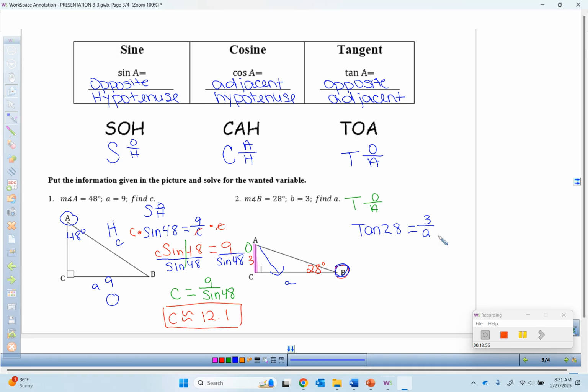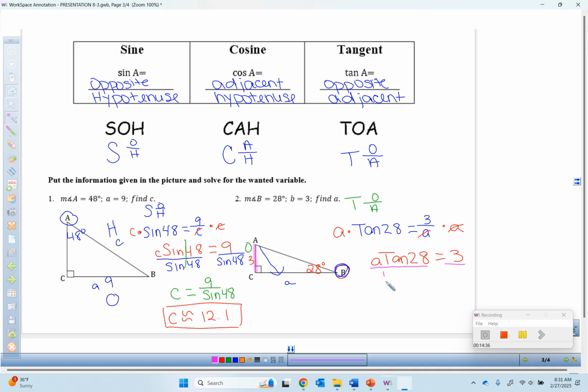So now the cool thing with this is, yeah, I think this one's set up kind of the same way. So how would I solve for A if it's on the bottom, just like we did last time? And times each side by A. Okay? And that's what gets this one and this one to cancel out, leaving me with A tangent 28 equals 3. And then how do I get A by himself?